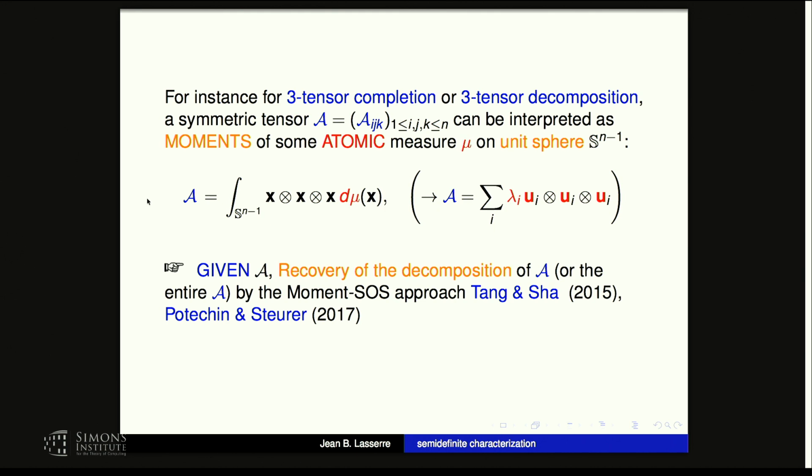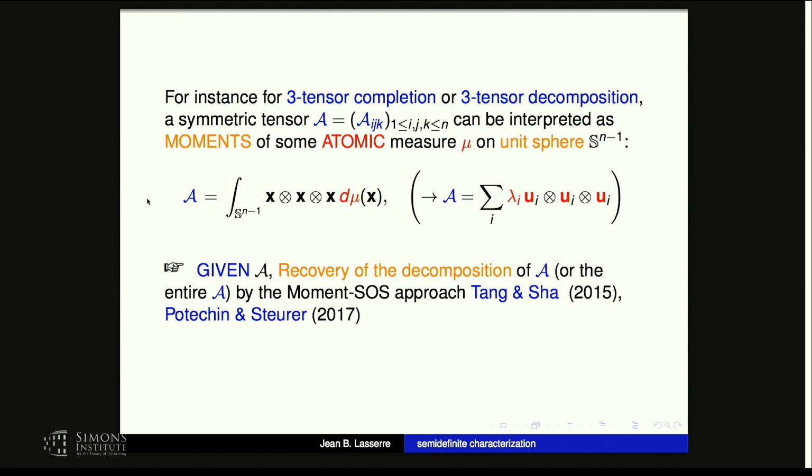So the idea is that you would like to recover a measure on the sphere from the knowledge of the moments. That's typically what super resolution is doing, the theory of super resolution by Candès. There is a nice theory, because depending on whether or not your atoms are sufficiently separated geometrically, you can recover exactly your tensor or your measure by solving an SDP, for example in the univariate case.